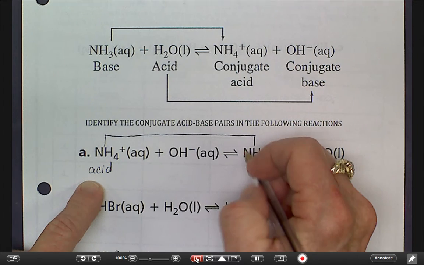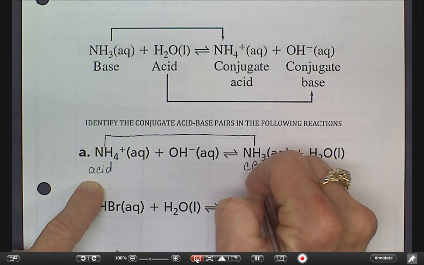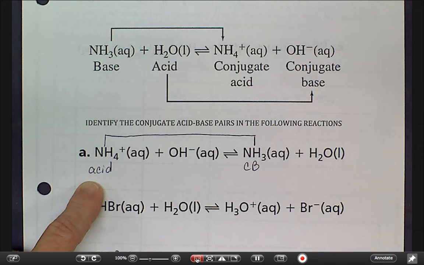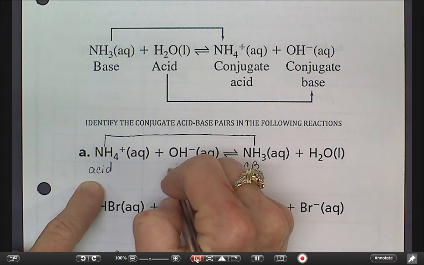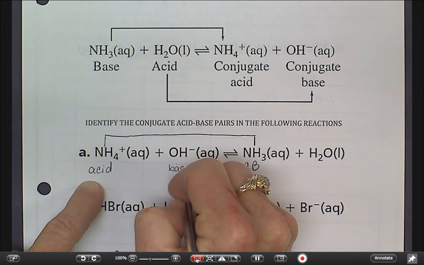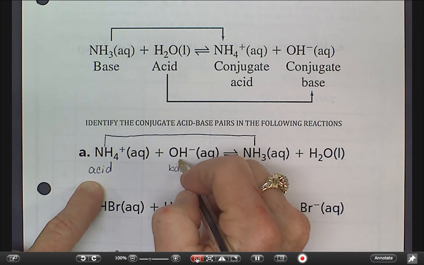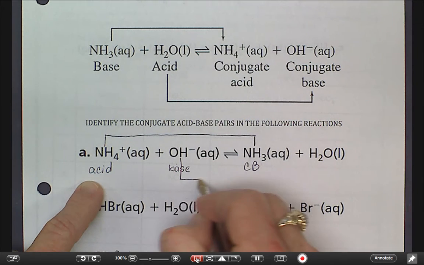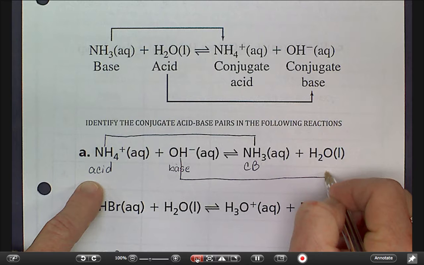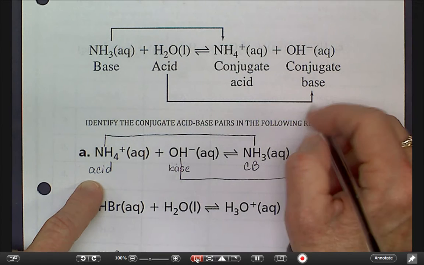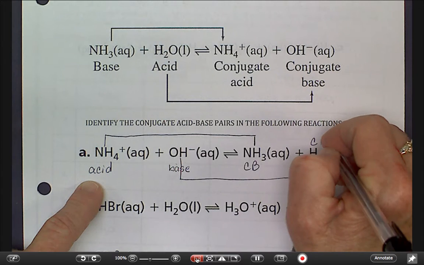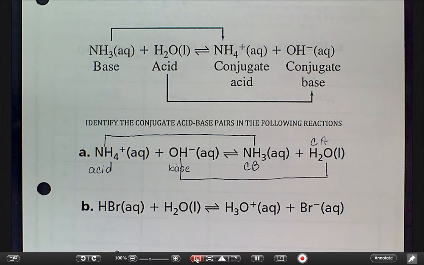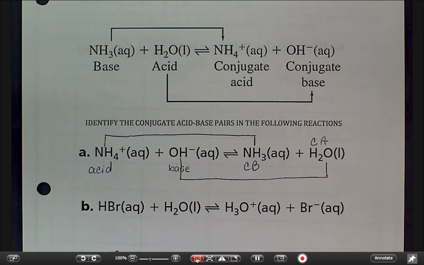So that makes this your CB. Everybody agree? Yes. Okay. Automatically by default, this is labeled your what? Draw your little bracket to whomever is left, and automatically by default, it is the CA, conjugate acid.